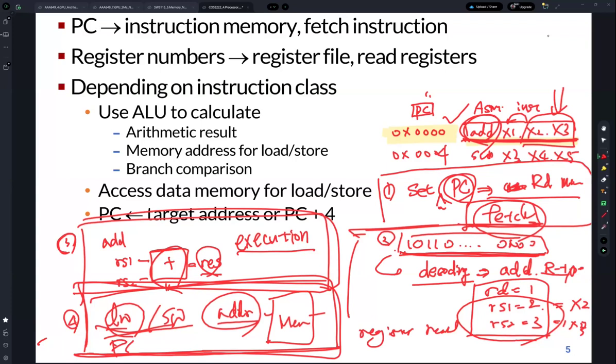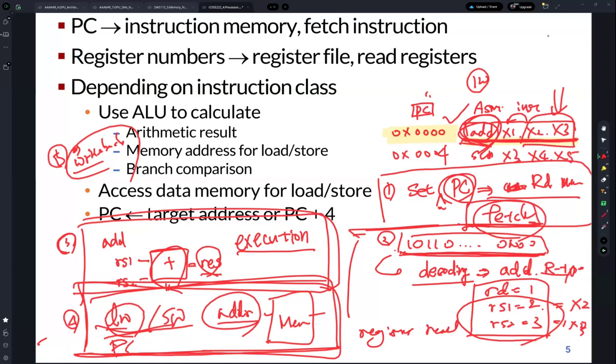And then finally, the instructions like add, the load instruction, and the arithmetic instructions change registers, and as I mentioned, this step is called the write back. So these are required steps for executing instructions.